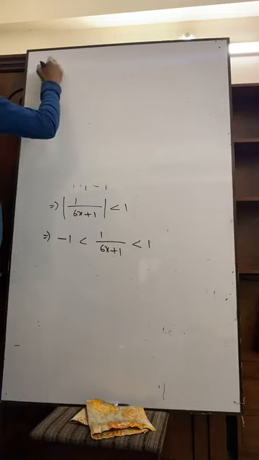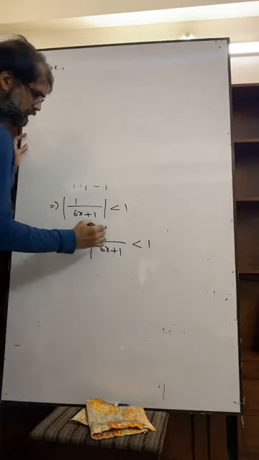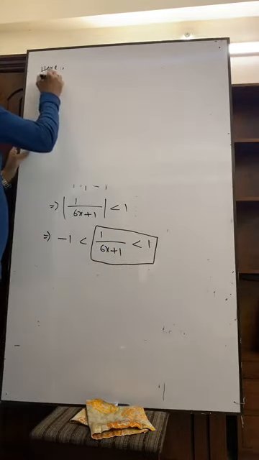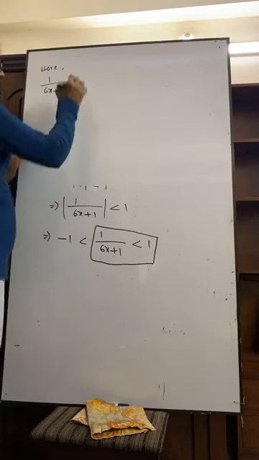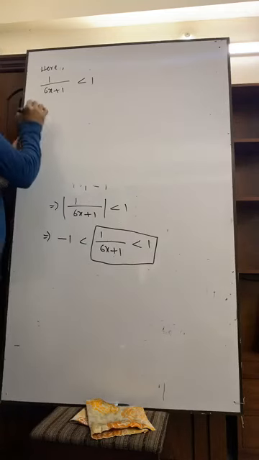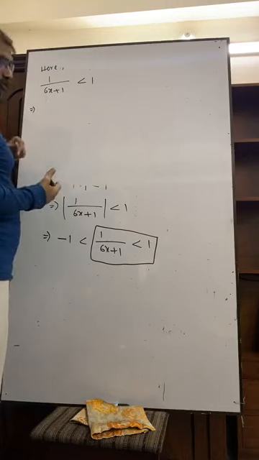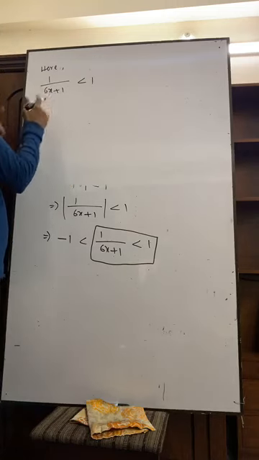Here we have this part. At first we consider this part: 1 by 6x plus 1 less than 1. We have to find the value of x, right? So let us inverse.